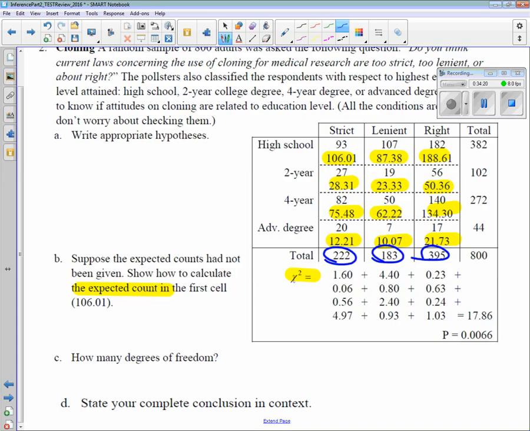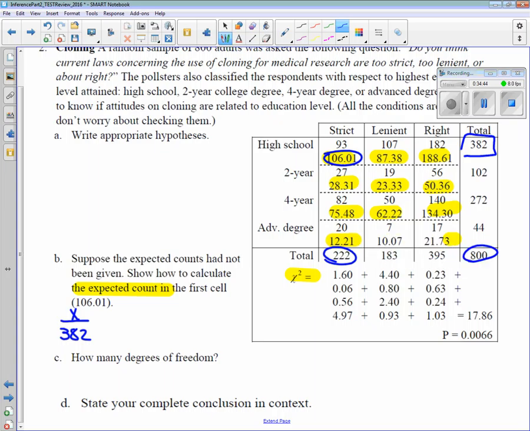So to do question B, it's a little bit different than the example we did in class. You are wondering how many out of 382 does go here. That's what I am looking at in that question. I'm looking at my row total. How many of 382? But it should be the same proportion as 222 out of 800.